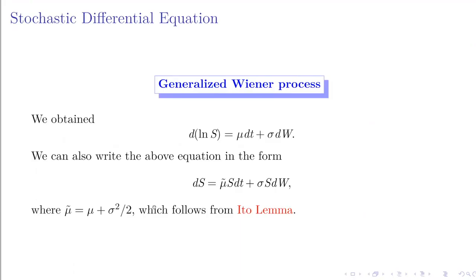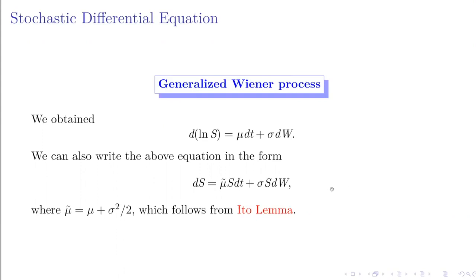Well, students, in the last class, we derived two forms of the generalized Wiener process that governs the price process of a risky asset like stocks, right? In this lecture, we will try to develop a numerical method to simulate this stock price process based on one of these two equations.